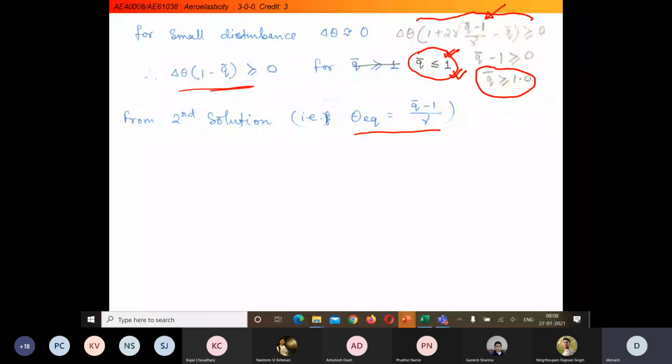Though the other gives a solution, before reaching it the system crosses the condition I plotted, q bar less than or equal to 1. So from the lowest divergence point of view, we can take q bar less than or equal to 1, and at q bar equal to 1 the system will be diverging.